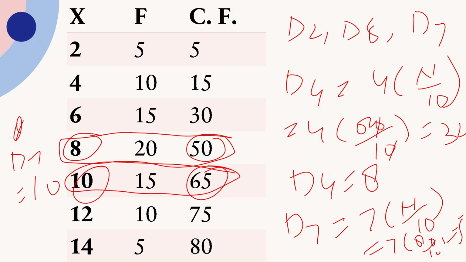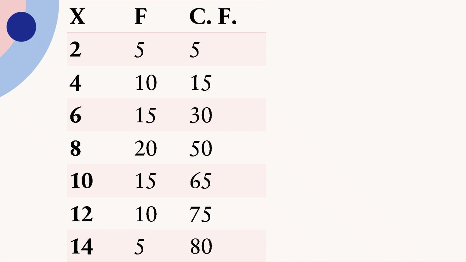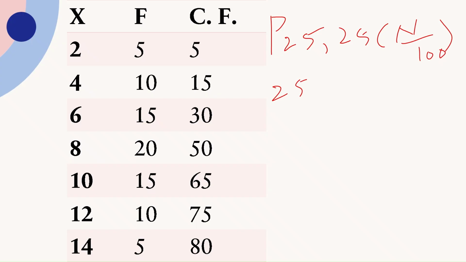One more measure is the percentiles. For percentiles, the same pattern is used. For example, I have to find P25. For P25, first calculate 25 n by 100, which is equal to 25 into 80 by 100.